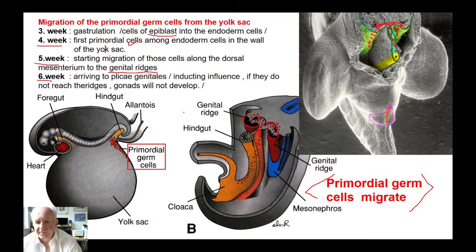They have to reach them, because if those very important cells from the yolk sac do not come to this place, the testes and the ovary will not develop. So this is very important. On this picture you see the same, how the primordial germ cells are moving and occupying the genital ridges on both sides of the dorsal mesenterium.